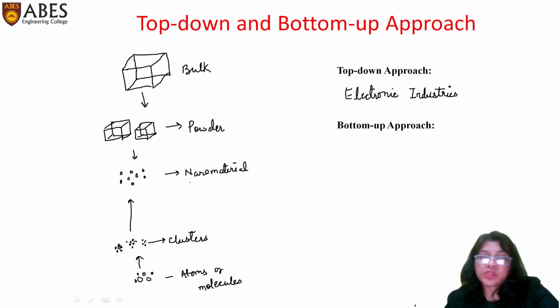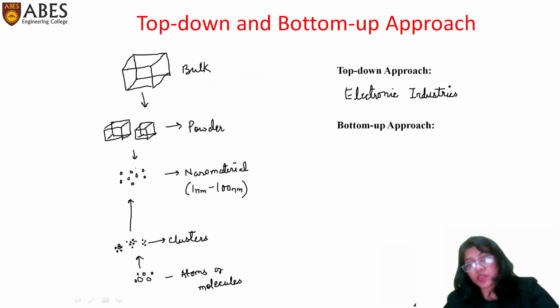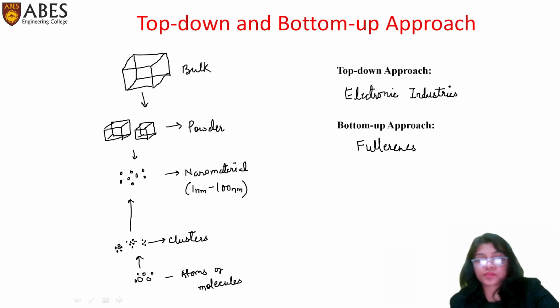These nanomaterials have a range of 1 nanometer to 100 nanometer. The bottom to up approach is generally used for the preparation of fullerenes. This is one of the most important methods used for the preparation of nanomaterials, top to down and bottom to up approach.